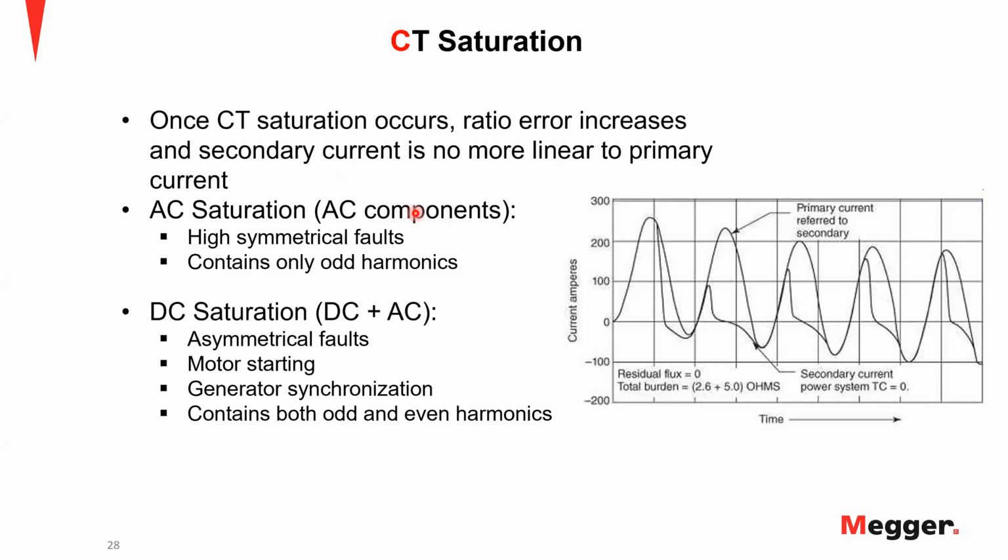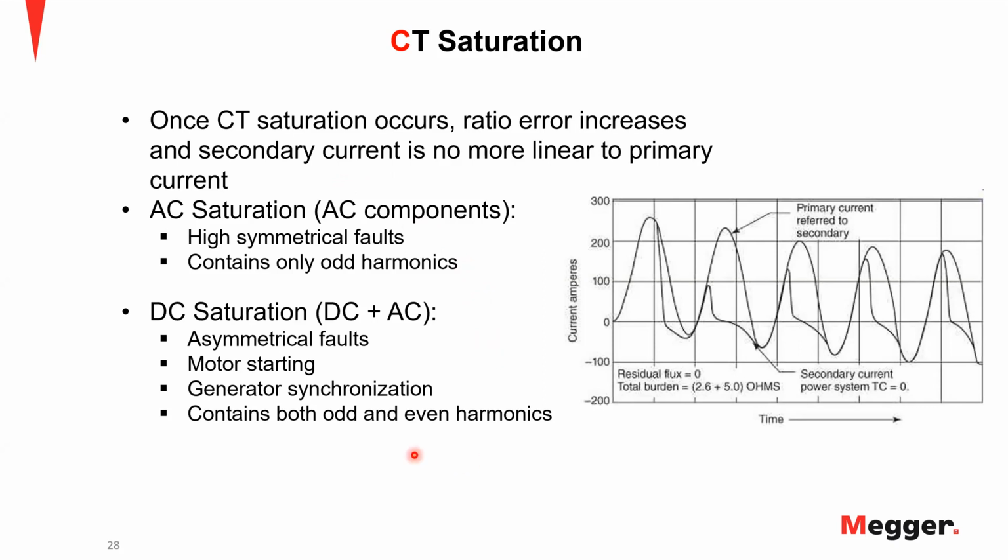So obviously the transformer differential relay is going to see a difference of currents, because the CT is saturated and the currents are not the same on both sides because of the saturation. And then it will result in an operating differential. But we don't want the differential to trip in this condition, because this is not an internal fault condition. Differential is designed to operate only for internal faults.